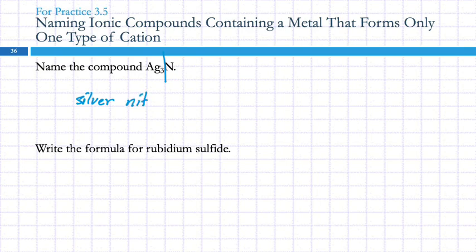So silver nitride. We're not going to do anything with that 3 because the silver ion has a positive 1 charge. The nitride ion has a negative 3 charge. And so we need 3 of these guys to balance the charge of that one. We don't need to put tri or anything in there. We're going to keep it as simple as possible. We can figure out the formula, the ratio, by using the charges, so we're not going to indicate that in the name. Okay?